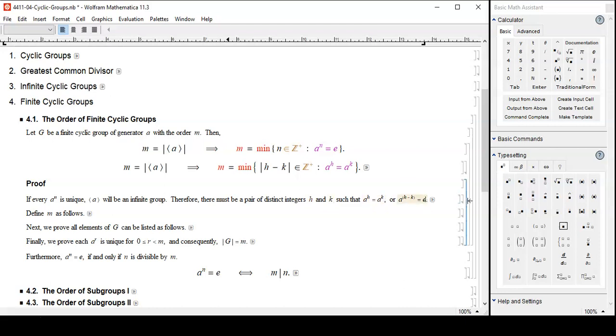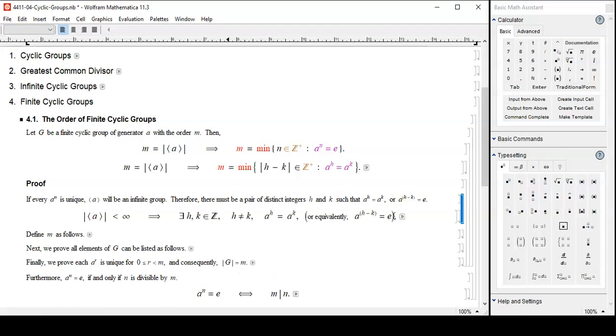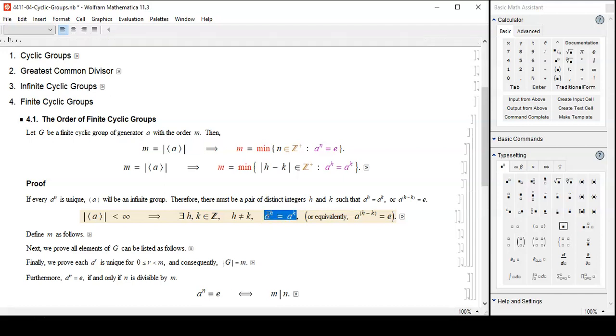Let's rewrite it using symbolic expression. If everything is distinct, then we have to have an infinite group, but this is a finite group. So we have to have a distinct pair of integers h and k so that a to the h power is equal to a to the k power, purple, or equivalently, like that, subtracting one from the other.